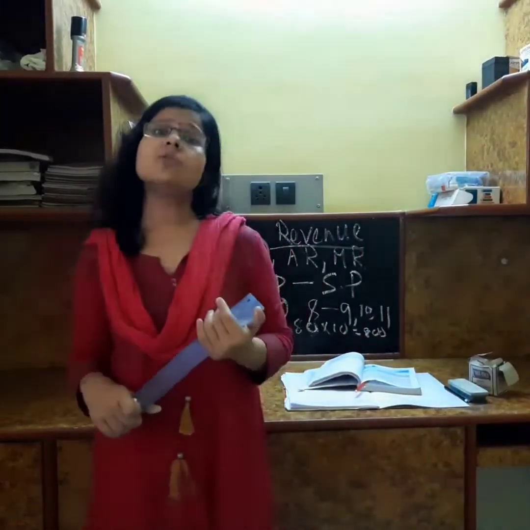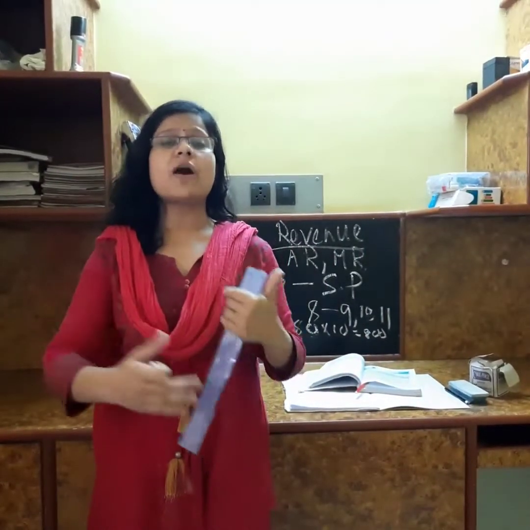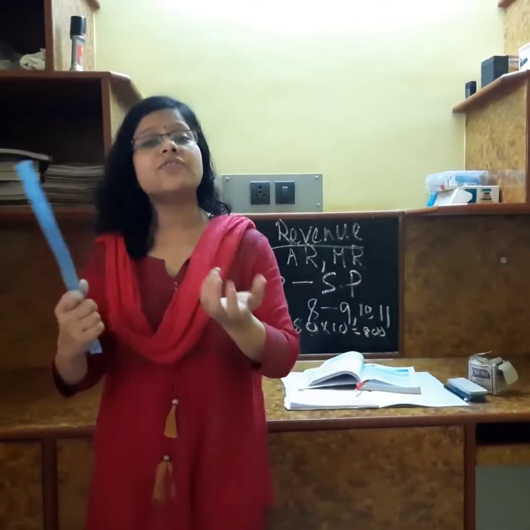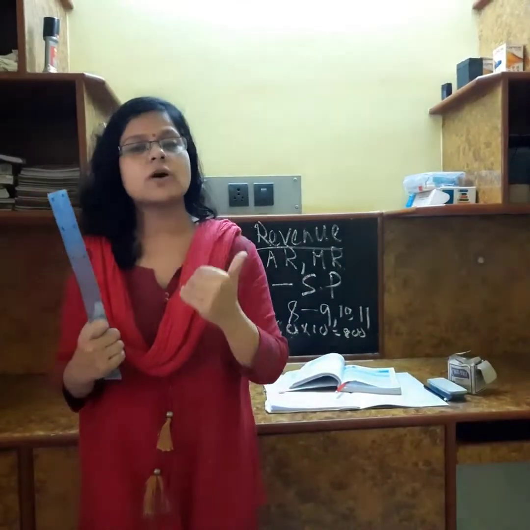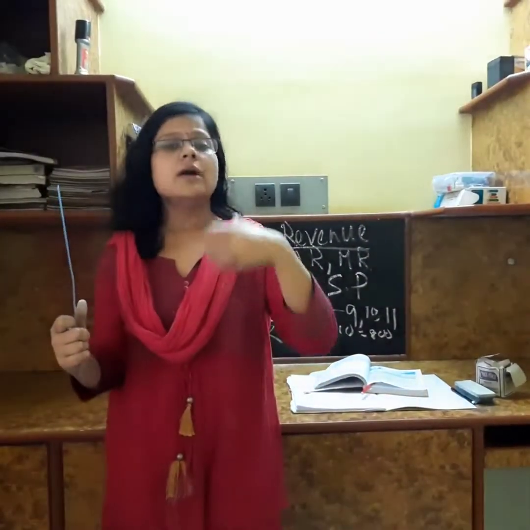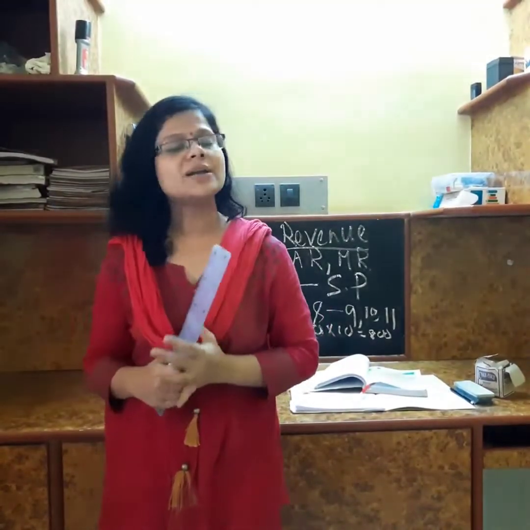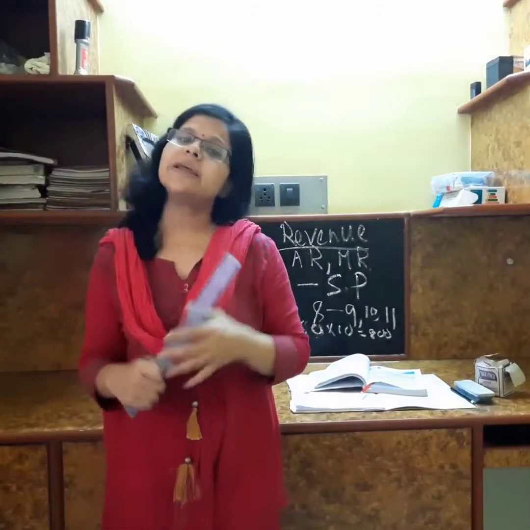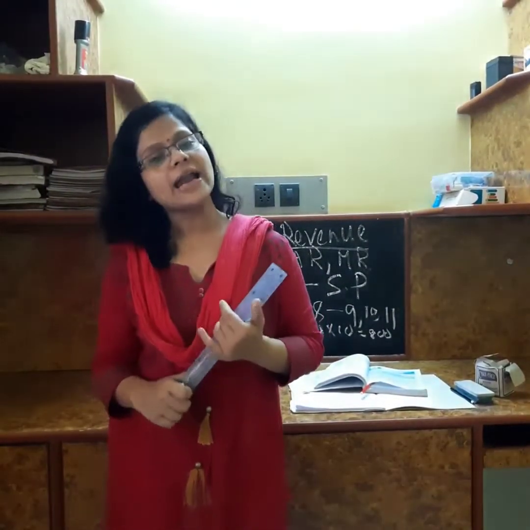When TR falls, then what will happen? Average revenue will fall, meaning when the firm goes for further selling of output, the firm will not get more revenue. The revenue earning capacity of the firm will fall. If a product loses its demand in the market, it may have falling TR and AR.